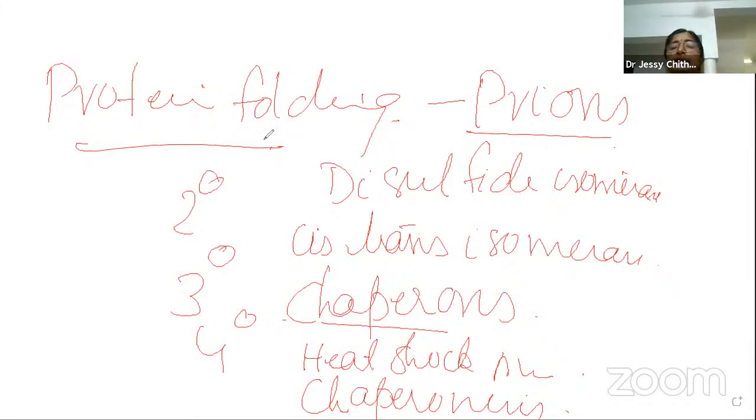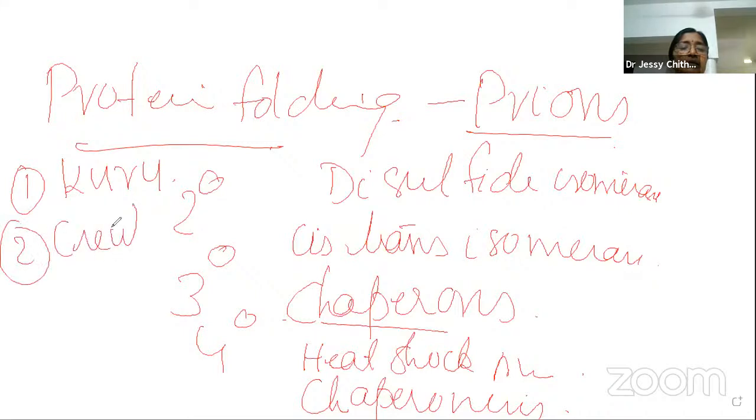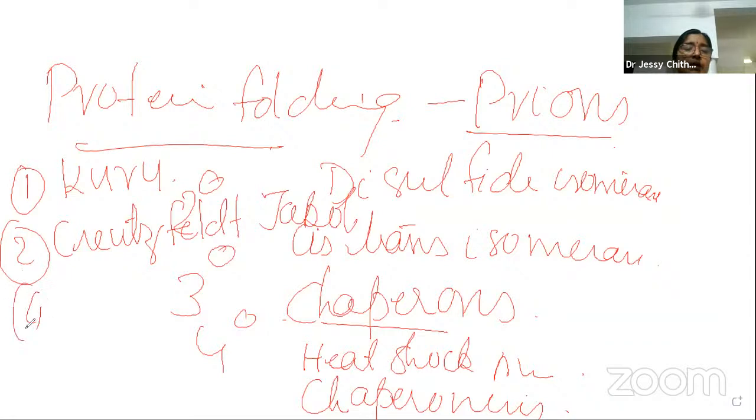The diseases coming under prions include Creutzfeldt-Jakob disease, and the important one is Alzheimer's disease.